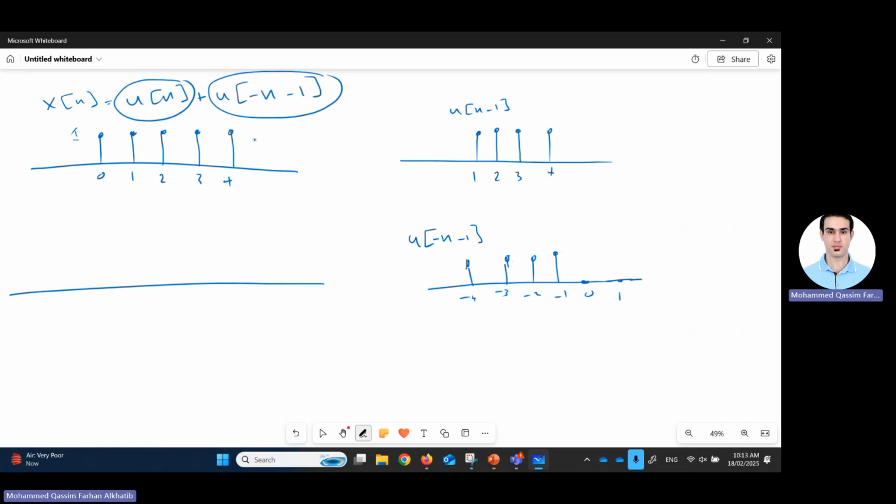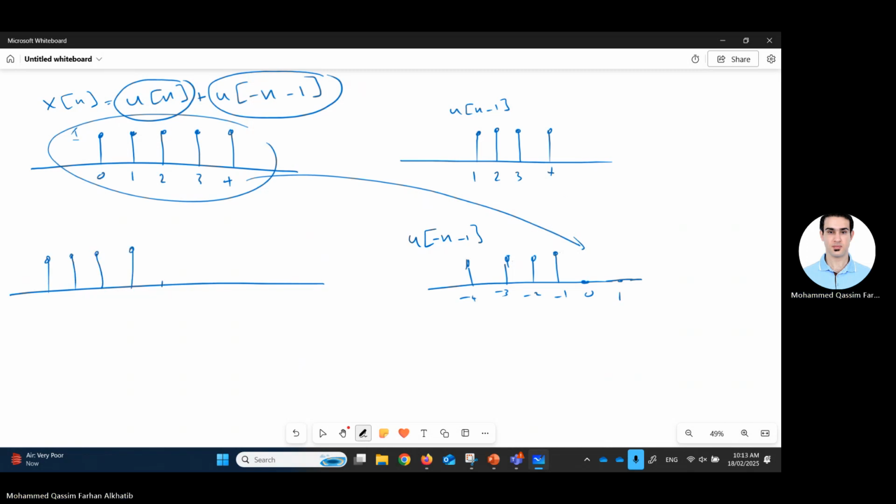So basically I'm taking this image and I put it there. So I'm going to have this sequence from -4, -3, -2, -1, 0, 1. So this part here is the u of negative n minus 1, and this part here is the u of n.